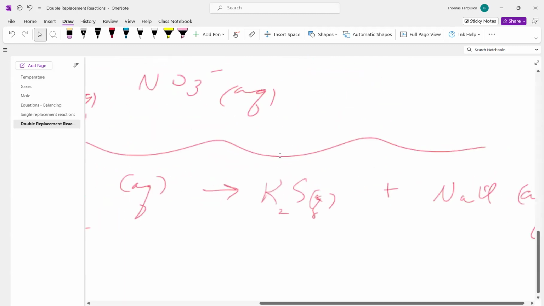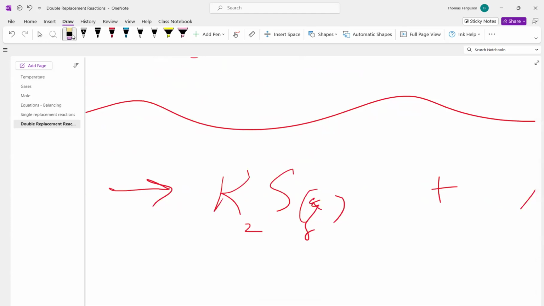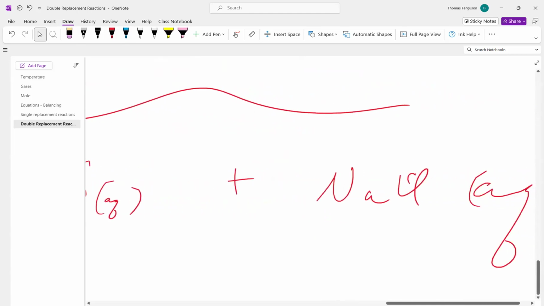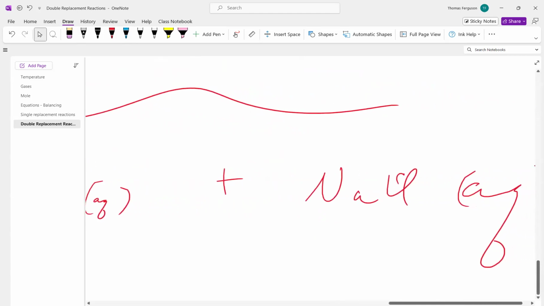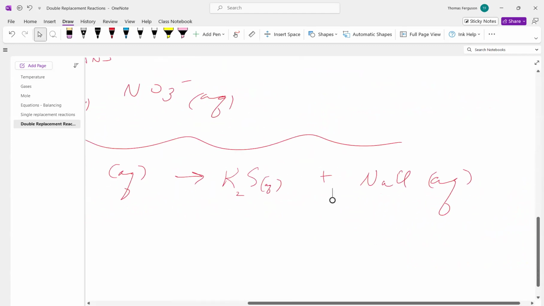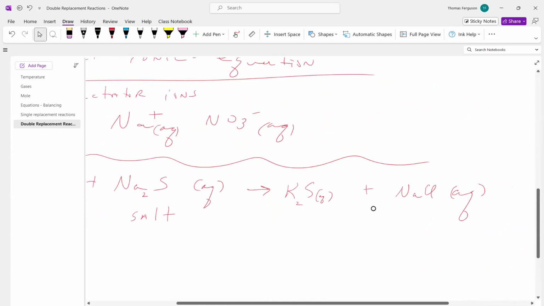Can't read it very well. Let me read. Okay. And what about the sodium chloride? Also white. Now, is this balanced?